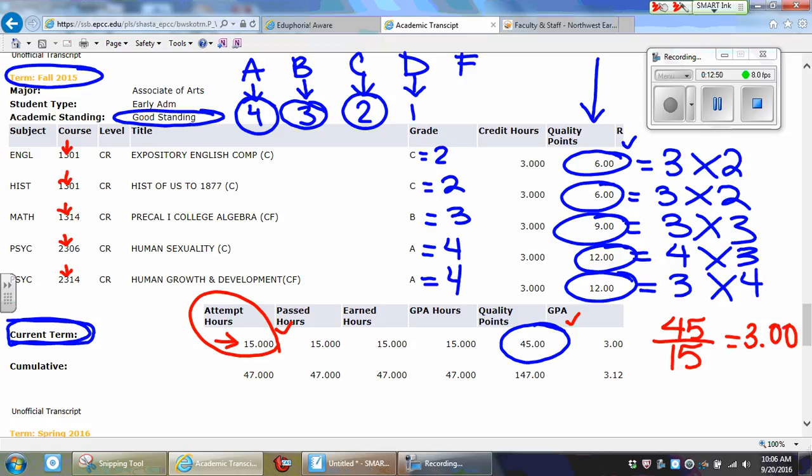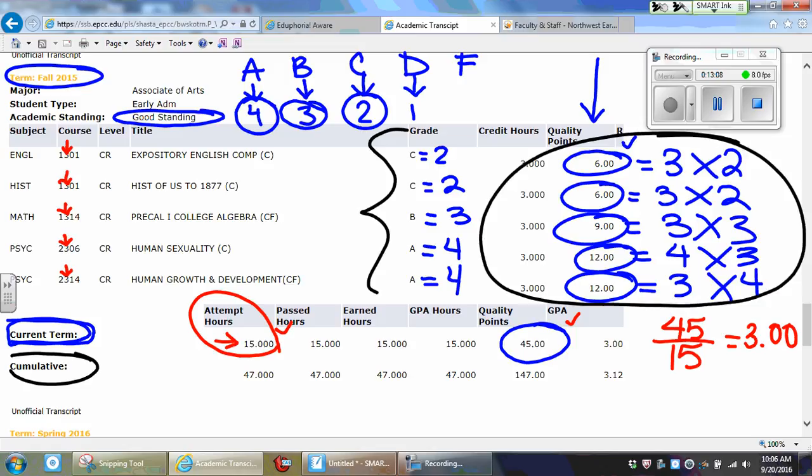Now, you guys notice on the second row, we have the cumulative GPA. And so the cumulative GPA will be calculated by doing that, but for every single semester. So the same process will apply, all this multiplication, and addition, and then division.